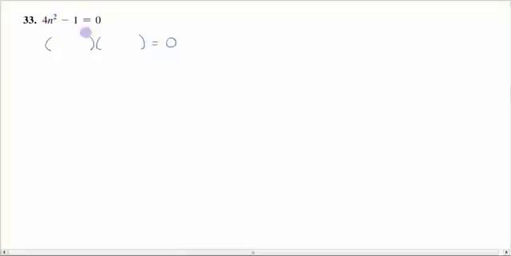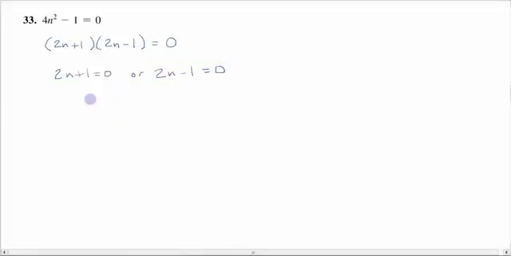This factors as a difference of squares as 2n plus 1 and 2n minus 1. All right, now we can use the zero product property because we have a 0 on one side and we have a product, a result of multiplication. So 2n plus 1 equals 0, or 2n minus 1 equals 0.